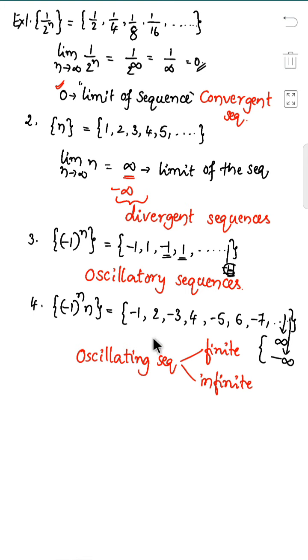Example 4 is the infinite oscillation, and example 3 has the finite oscillation here. A sequence which neither converges nor diverges is an oscillatory sequence, right?